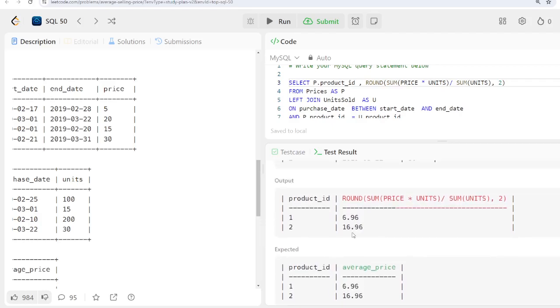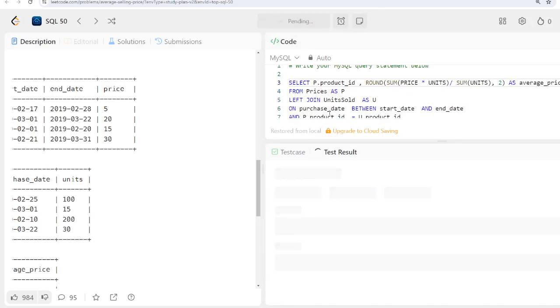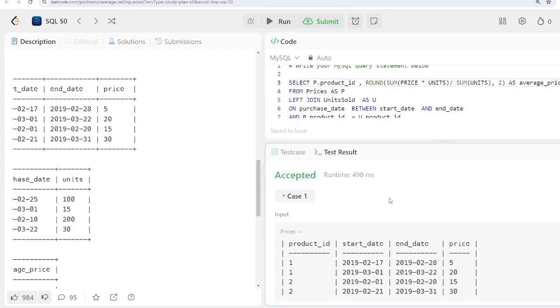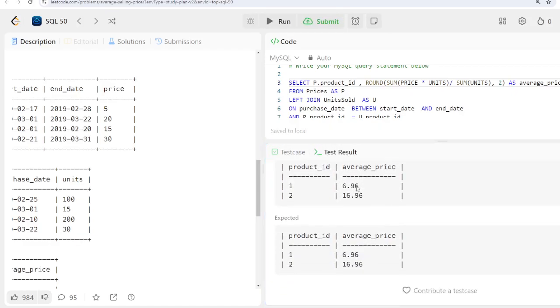Okay, now you got the exact output that you want. Now this column name I have to give as this alias, right? So let me just alias this as average price. Okay, it gets accepted, and now let me just quickly submit the code as well.